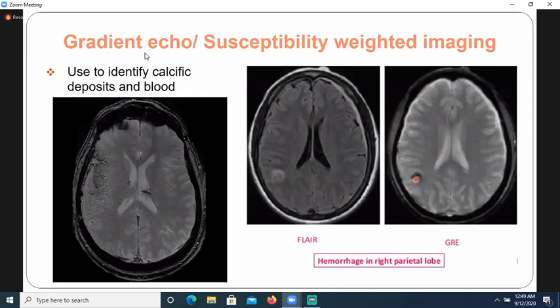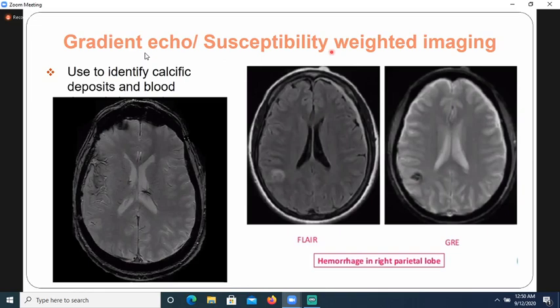Dropout means it appears black on the gradient echo or SWI sequence. So it gives the dropout signal which confirms that it is a hemorrhage. So this is a hemorrhage which gives the dropout signal on the SWI or gradient echo.